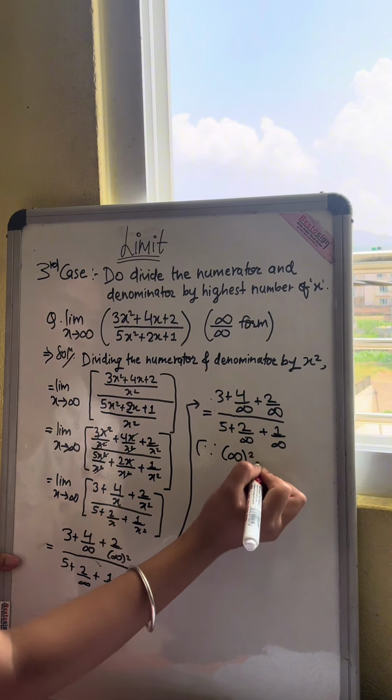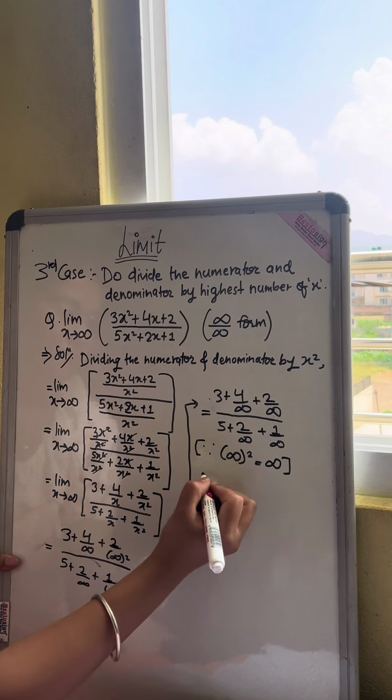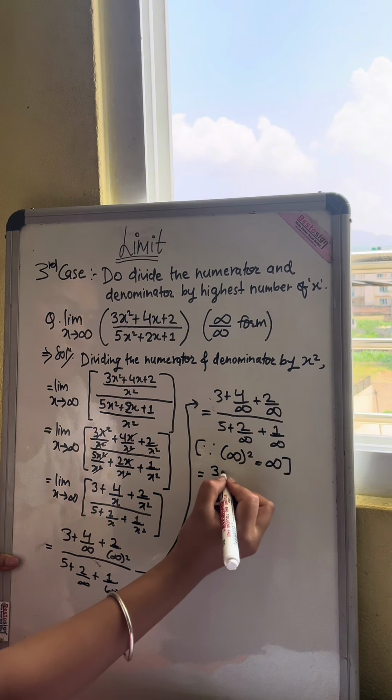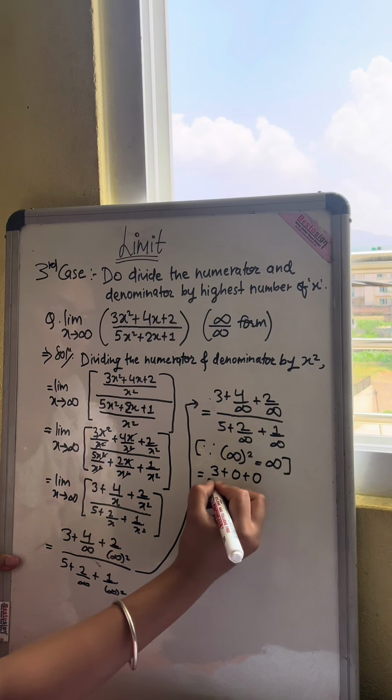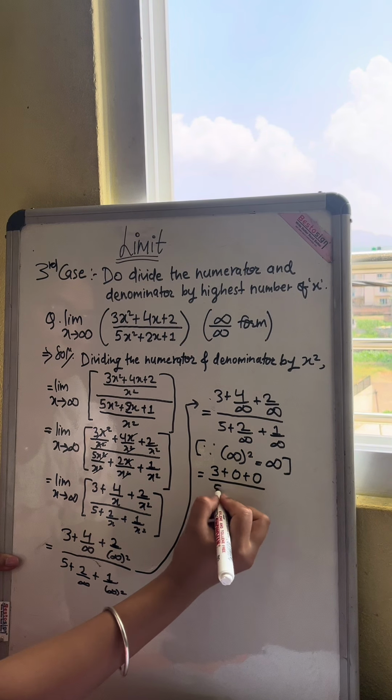As we all know that infinity square is equal to infinity. Since finite value upon infinity is equal to 0, our final answer is 3 upon 5.